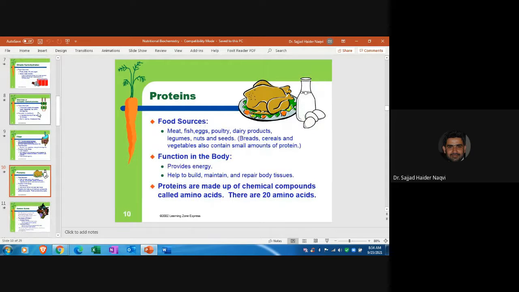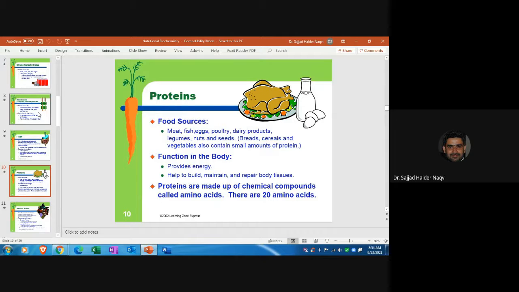The third group of nutrients that we're going to discuss today are proteins. Again, you have gone through proteins in your 311. Proteins are also a good source of energy, like carbs, but they are predominantly more important when it comes to the structure of the body, because we know that structurally our body needs protein, and for that protein we need amino acids.